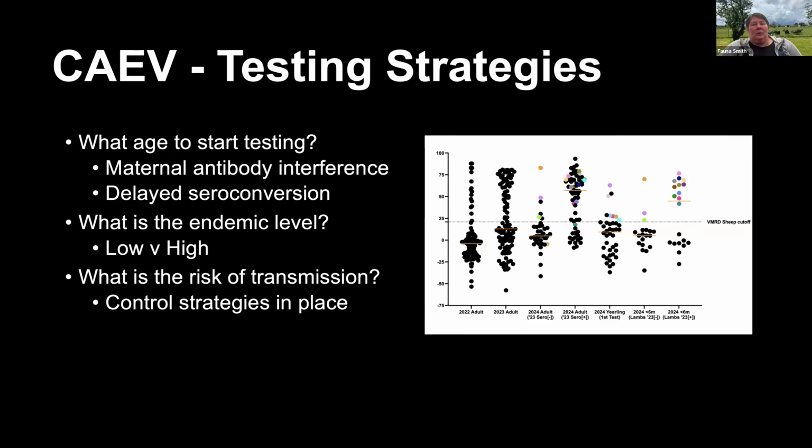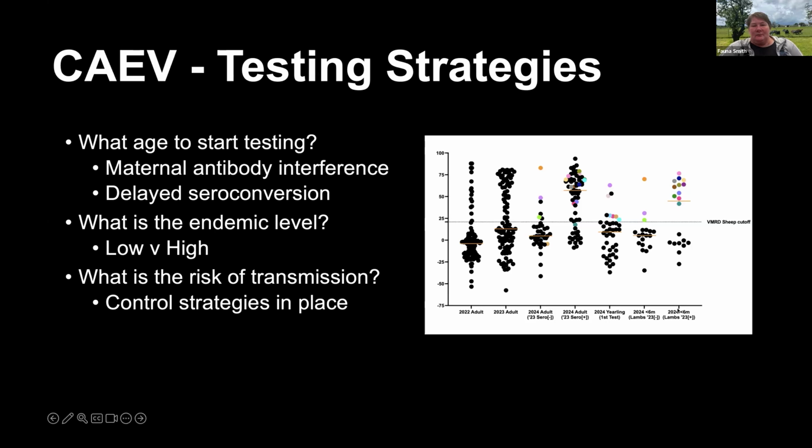And so we need to wait until maternal antibodies have waned in that situation. And then there's also the issue of delayed seroconversion. What's reported on average is it can take up to 6 months for an animal from infection to seroconversion. So depending on how many times a year you're testing, you need to think about how that might impact when you start testing and how you interpret those results.